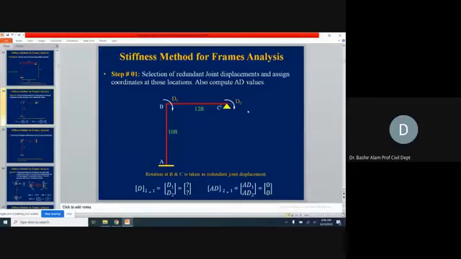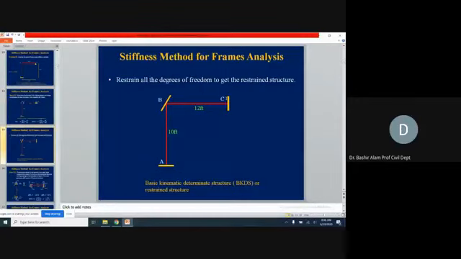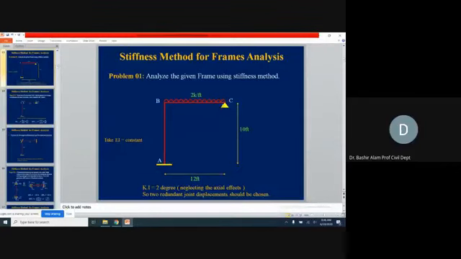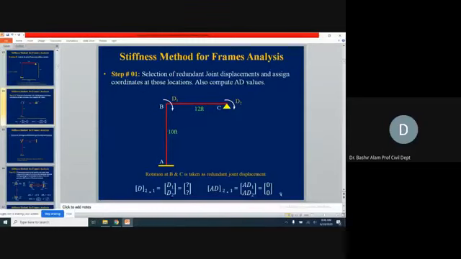Similarly, corresponding to D2, we don't have any externally applied moment, so it is also 0. So we declare this AD2 also equal to 0. D1, D2 we have labeled, and then corresponding AD1, AD2, and we have constructed this AD matrix.